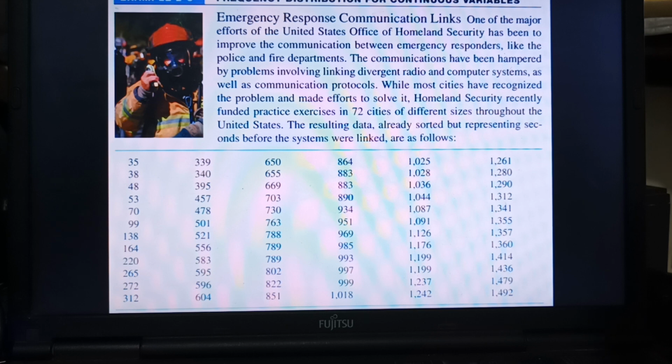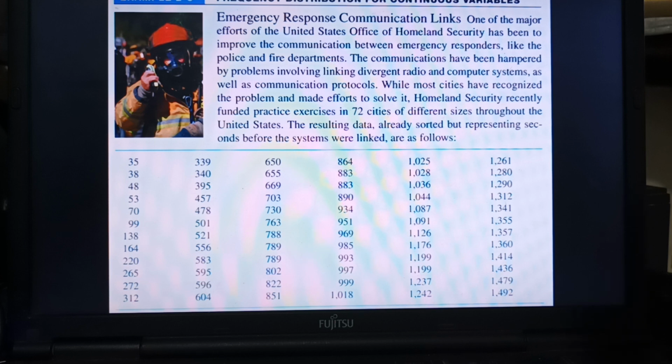In the U.S., Homeland Security has sought to improve the communication between emergency responders like the police and fire departments. In case of emergency like disasters, it is very important that the emergency responders can respond very quickly and that they are connected very quickly also.